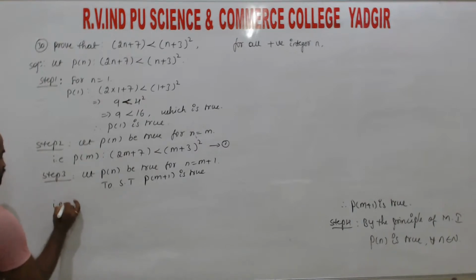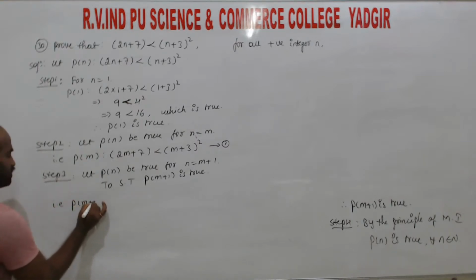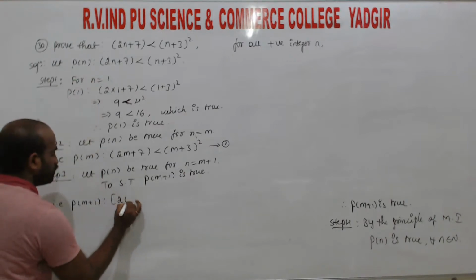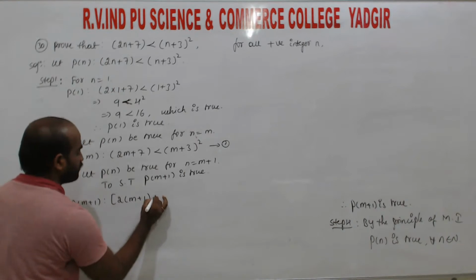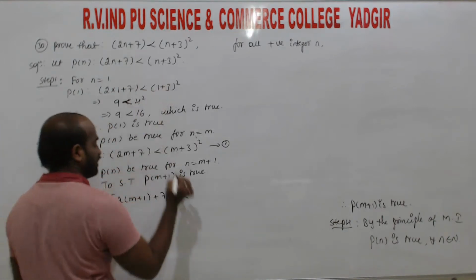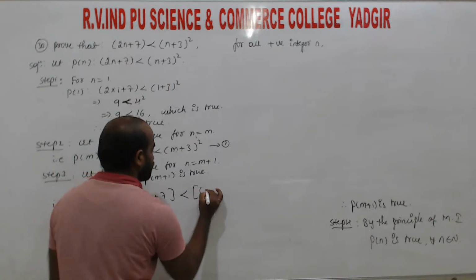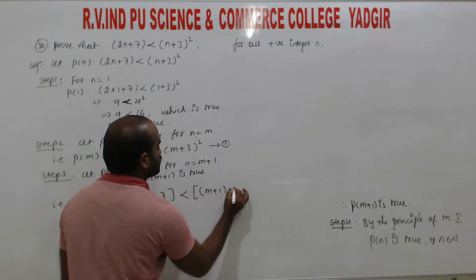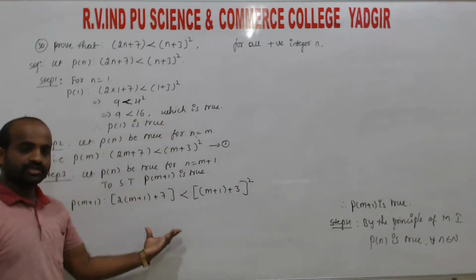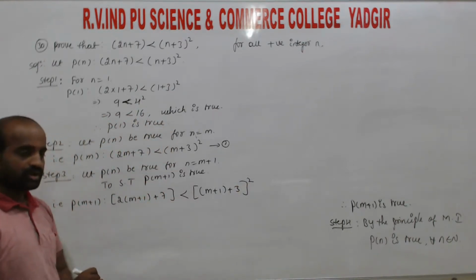That is, P of m plus 1: 2 into m plus 1 plus 7 is less than m plus 1 plus 3 whole square. Through this statement. Okay.